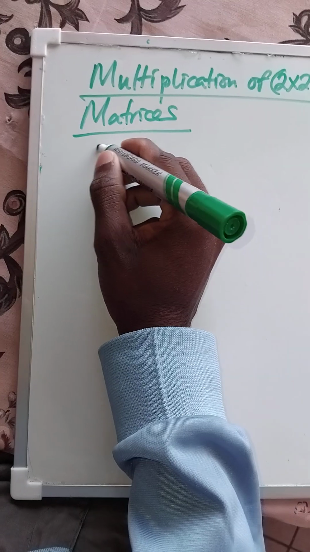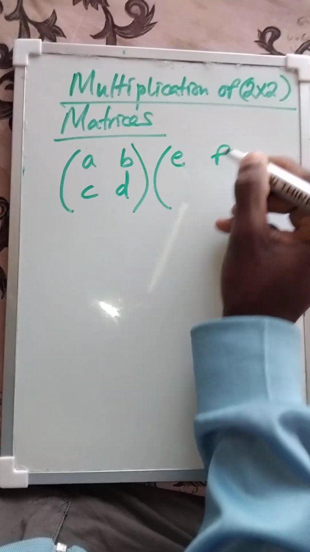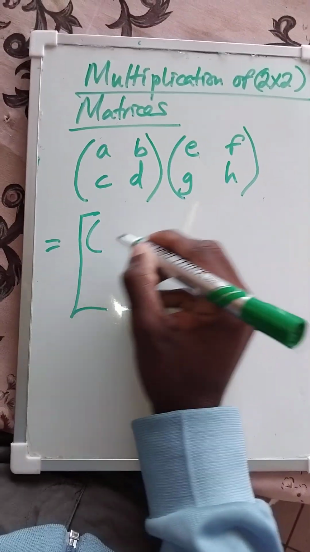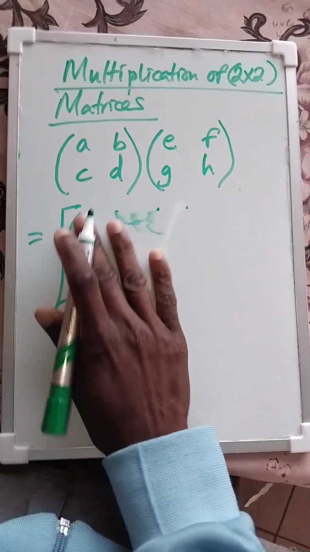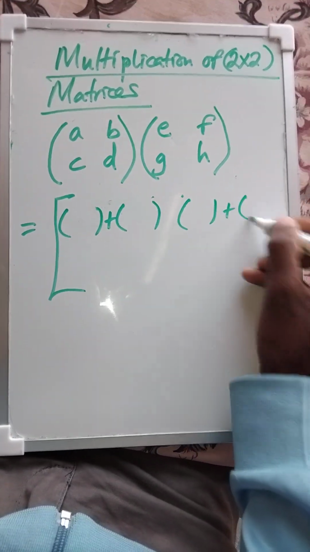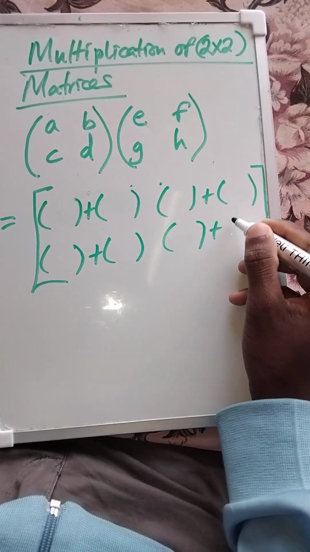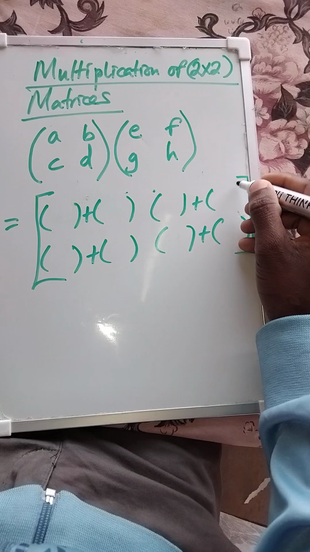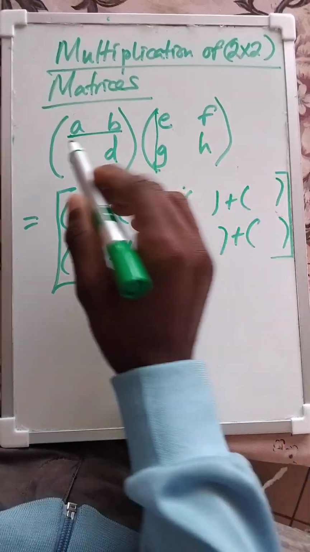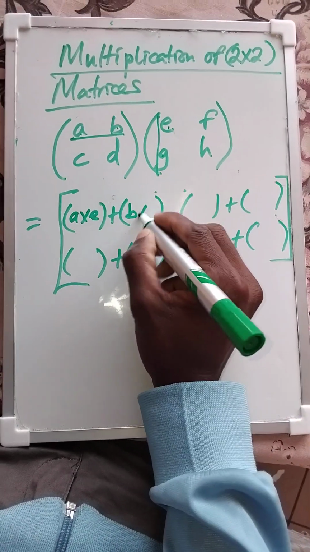For example, we have A, B, C, D multiplied by E, F, G, H. For the first step, open brackets with a plus in each. Each element multiplies its counterpart: A times E plus B times G.